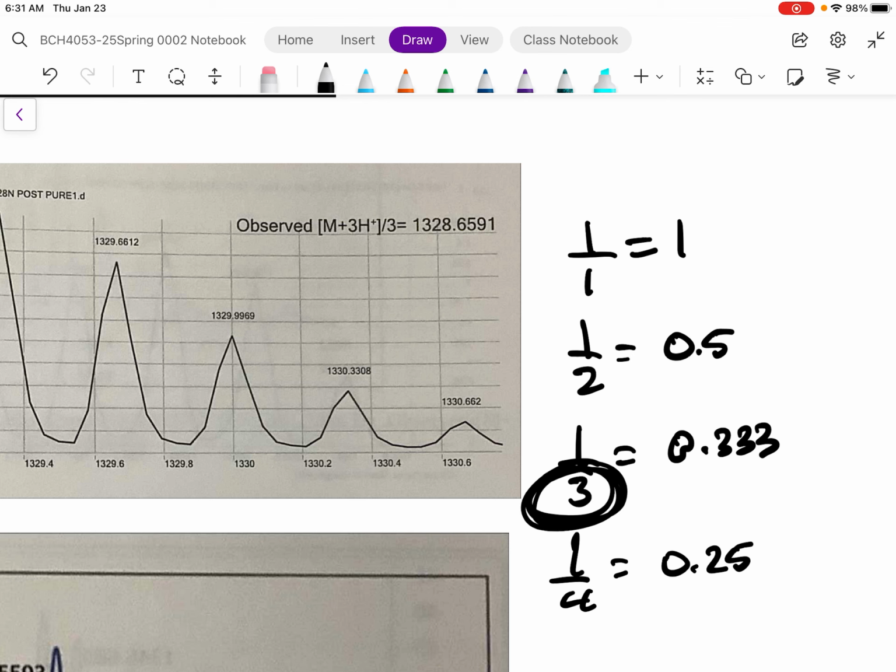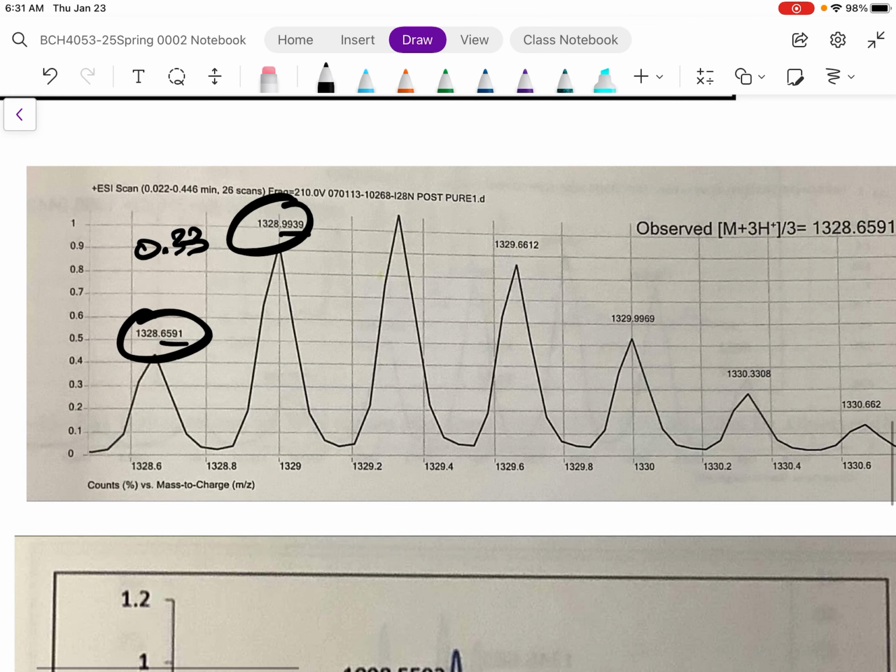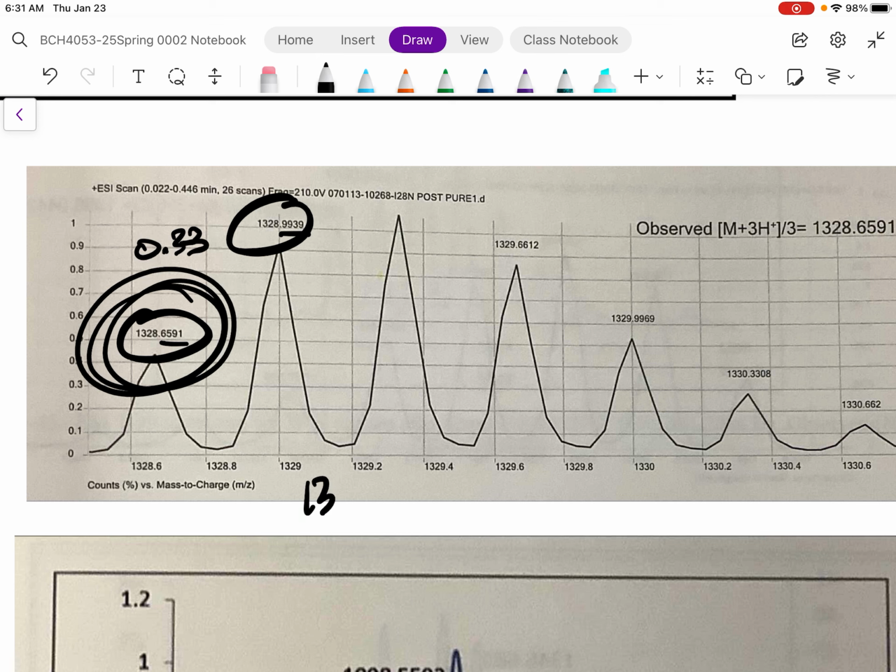So then if I know that, now I know the charge state, so all I have to do is take this value right here, 1328.696591, times 3 minus 3. Okay?